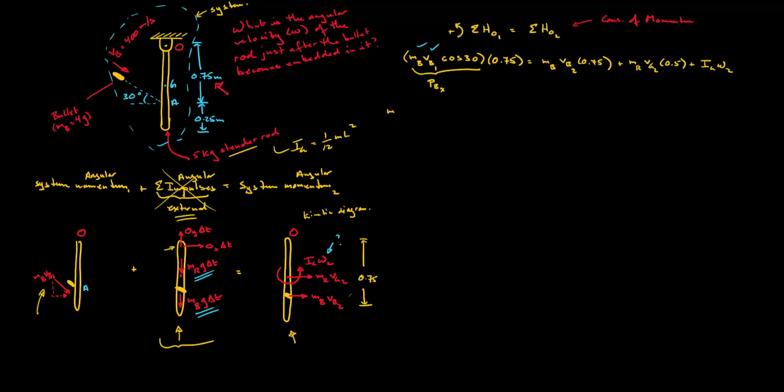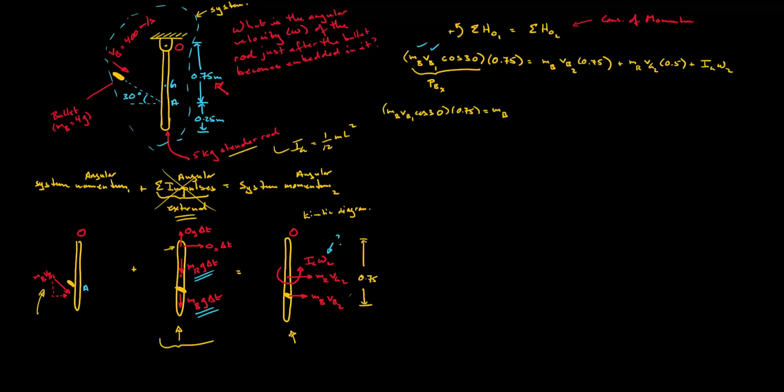So I'm just going to rewrite this here, mb vb1 cosine of 30, then multiplied by the moment arm of 0.75. That'll be equal to mb. Now notice that the velocity of the bullet can be expressed in terms of omega.